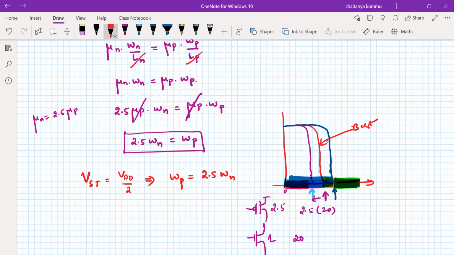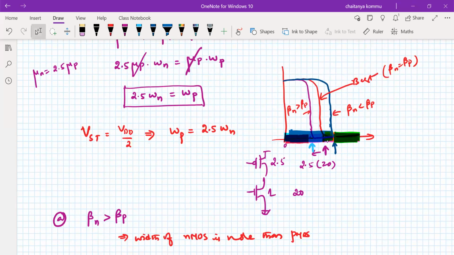Here beta n is less than beta p, here beta n is greater than beta p, and here beta n is equal to beta p. If beta n is equal to beta p, then the width of the NMOS transistor is 2.5 times of this. If some disturbance comes, then it is not possible to find that. So for symmetrical operation, this is the best choice. Please remember this.